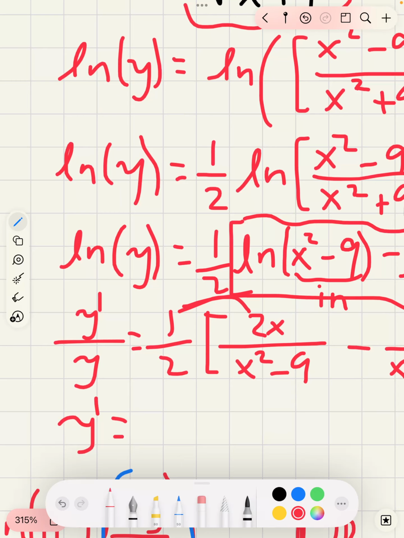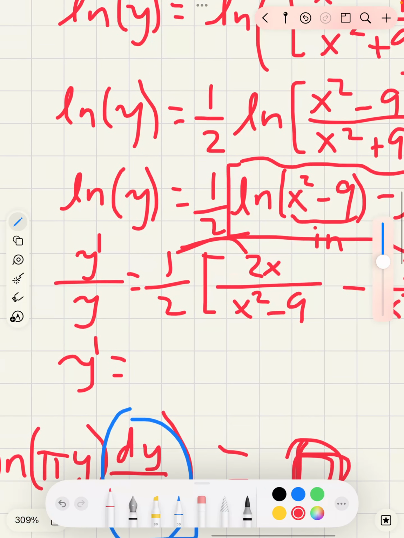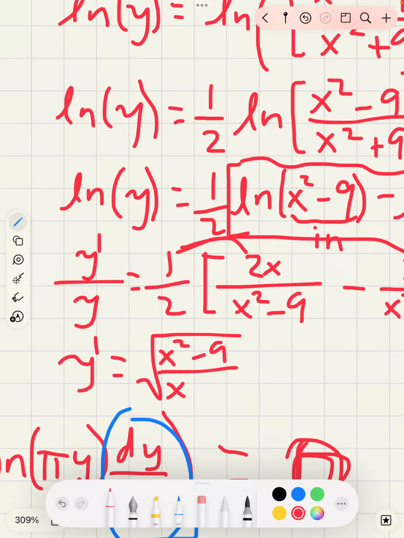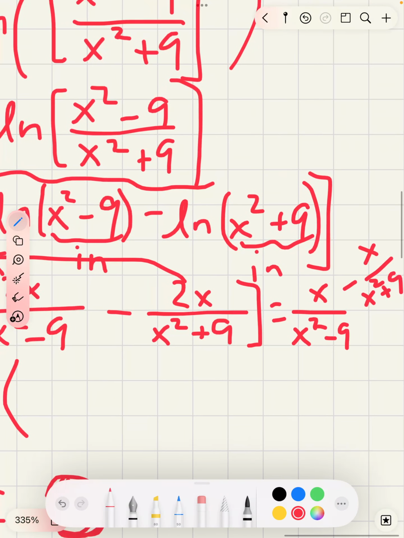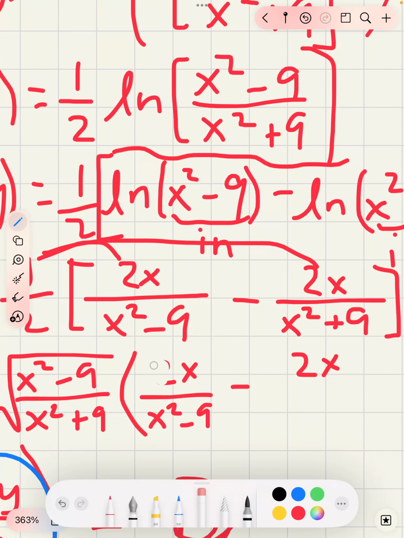So we're going to have the square root of x squared minus 9 over x squared plus 9 multiplied by x over x squared minus 9 minus x over x squared plus 9.